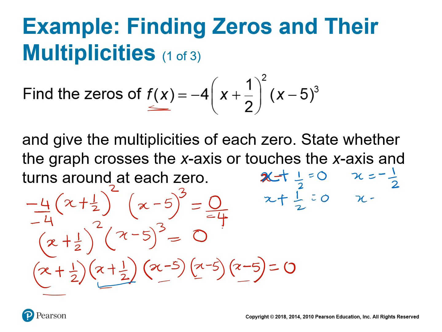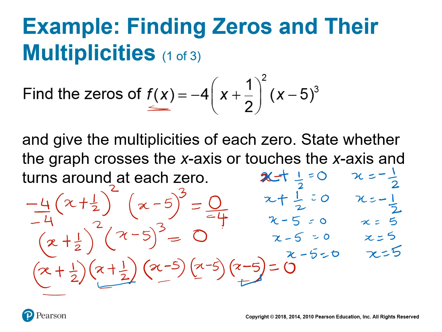Therefore, x is again the same value, negative 1/2. Then we have x minus 5 equal to 0. Therefore, x is positive 5. Again x minus 5 equal to 0, x equals 5. And then x minus 5 equal to 0, the last factor here. Therefore, x equals 5.